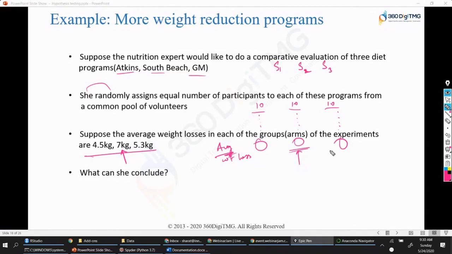And probably because of that, I see 7 kgs weight here. Maybe one of the volunteers is very, very fat, maybe 150 kilograms. So when the diet program was assigned to him, obviously he would have lost a lot of weight.